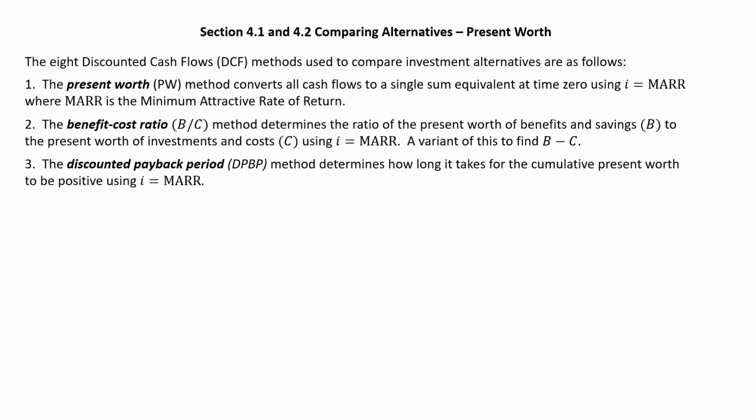But at some point in time, as you keep calculating the net present worth, you will see that you are no longer in the negative. In fact, your present worth has just turned positive. Can you see that? So there is a way of calculating how many periods, how many years, it takes for the negative cumulative present worth to turn into positive.